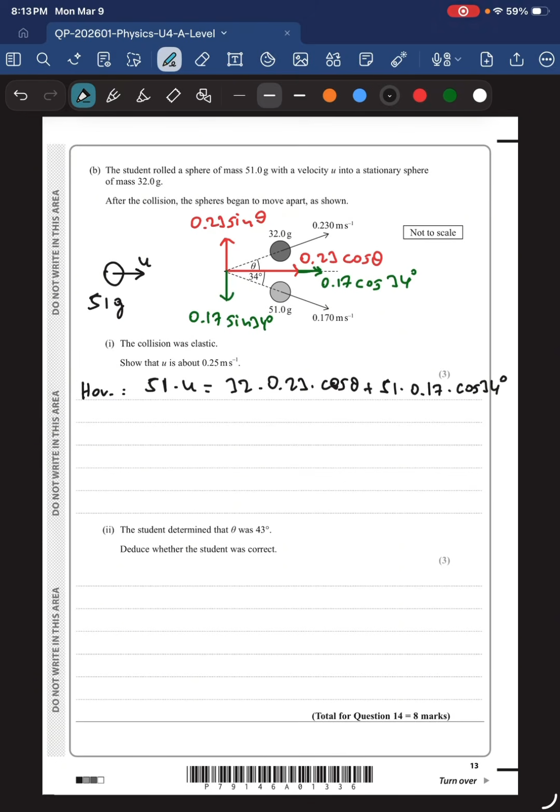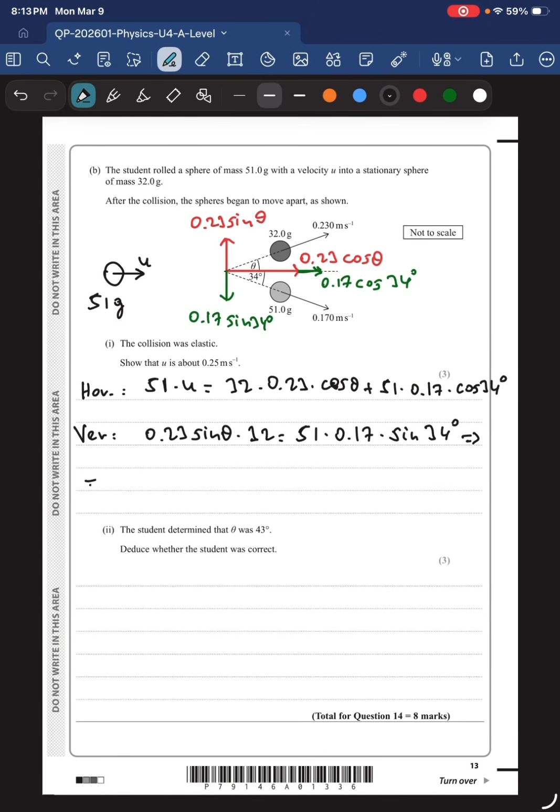And then vertically we have 0.23 sine theta times the mass, which is 32, is equal to 51 grams, the second mass, times 0.17 times sine of 34 degrees.